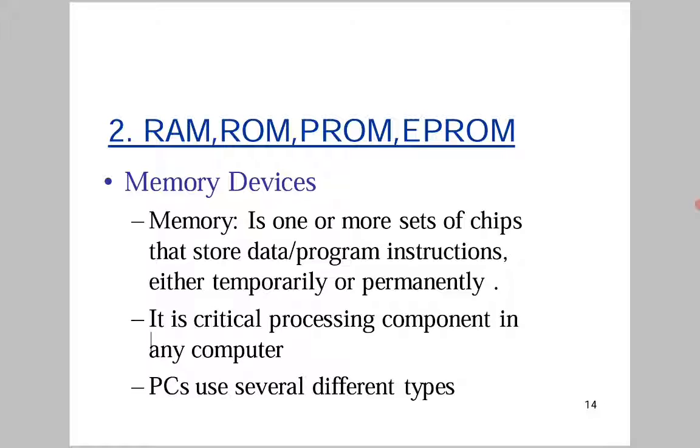So here we discuss RAM and ROM. RAM is random access memory. It is a temporary memory, or the main memory of a computer. It is directly connected to the processor of a system, and it is a very costly, high speed memory.